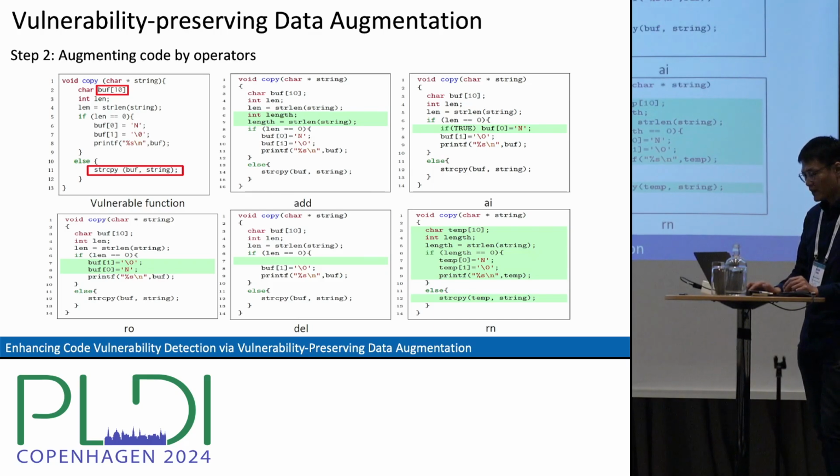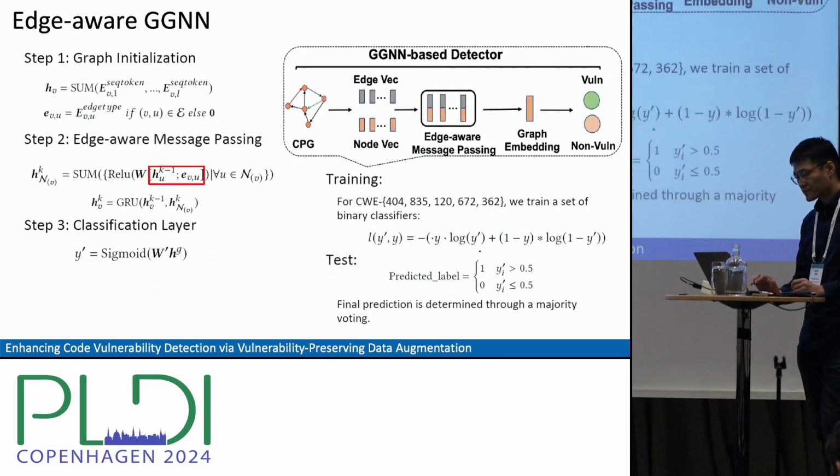The AI mutation aims to add an if condition, which is always logically true, before an assignment statement where this assignment is vulnerability unrelated. The RO aims to reorder the assignment statements. For the delete mutation, it aims to delete the statements that are not related to the vulnerability. And for the RN mutation, it aims to rename the identifiers.